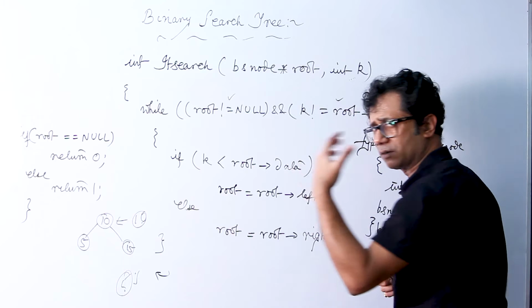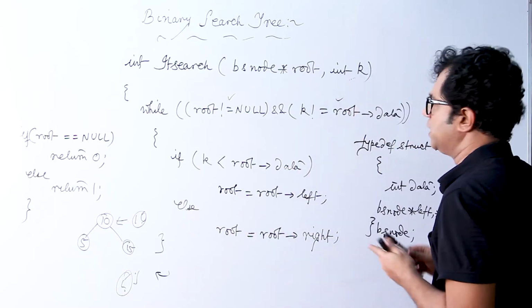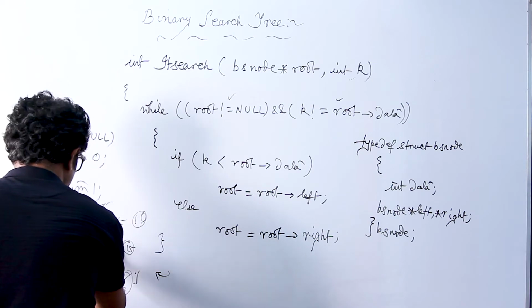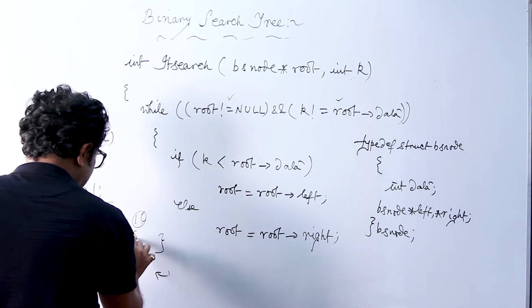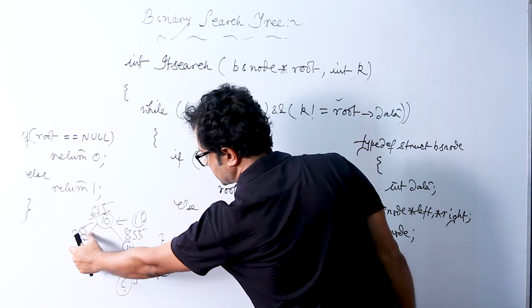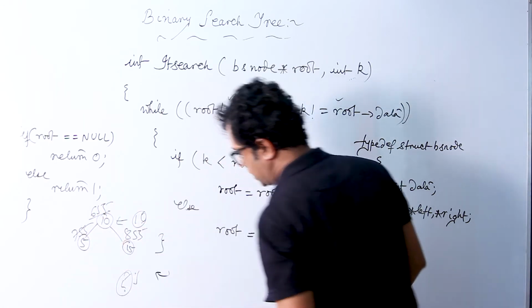Root holds an address value. Suppose I am imagining some addresses here: 655, 755, 855. Suppose this is at address 655, this is at 755, and this is at location 855.